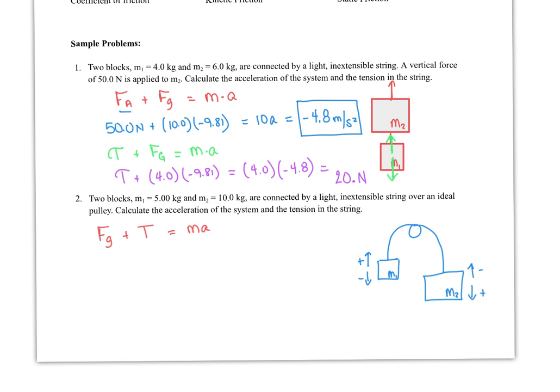All right, so then force of gravity on this smaller box is going to be the smaller box's mass times the gravity acceleration plus that tension equals its mass times acceleration that we don't know. All right, so if I solve for T here, I'm going to get this 5.00a.